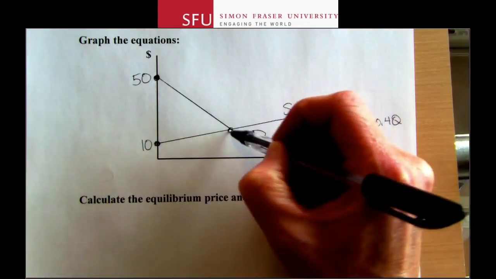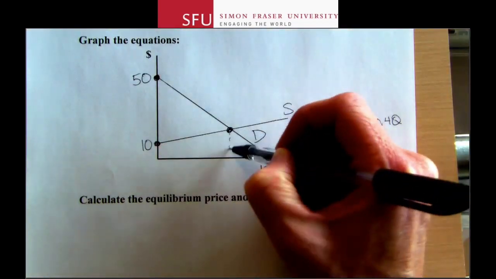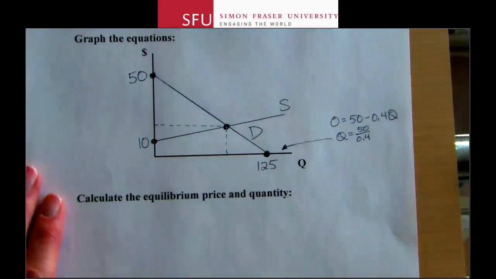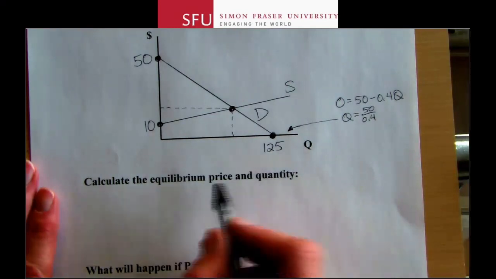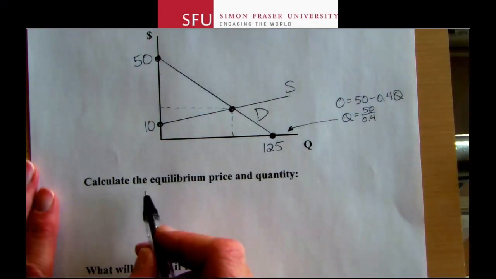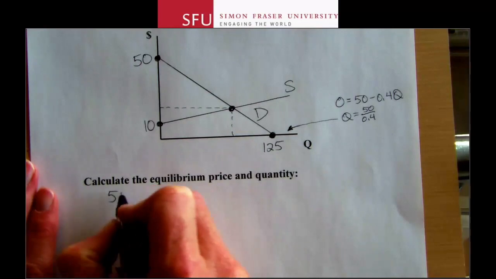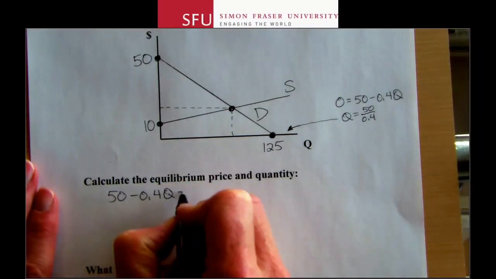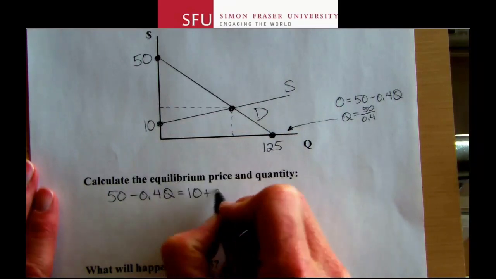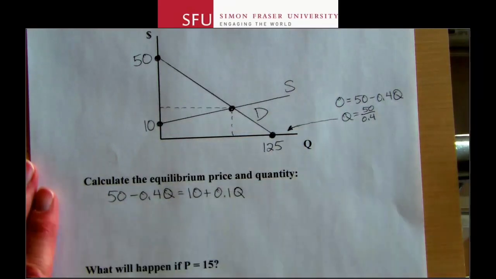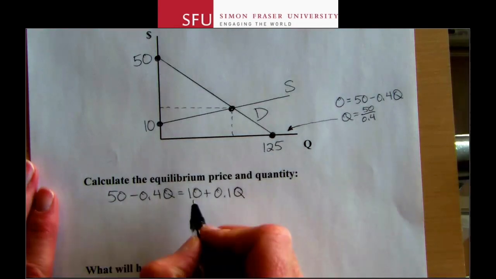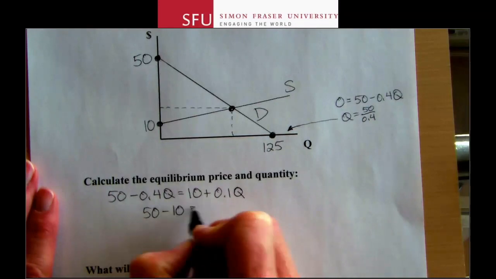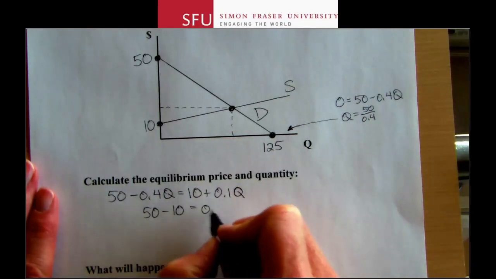Okay, so what we want is this equilibrium. We want to know what's that quantity and that price. So calculating the equilibrium price and quantity. Using the equations, demand equals supply. So 50 minus 0.4 Q equals 10 plus 0.1 Q. So I'll take the 10 to the left side, so 50 minus 10, and I'll take the Q term to the other side.